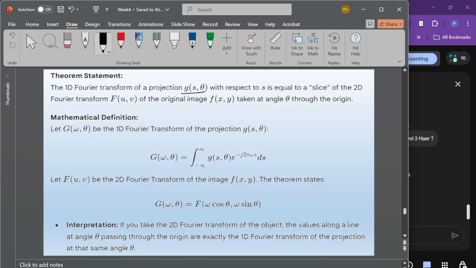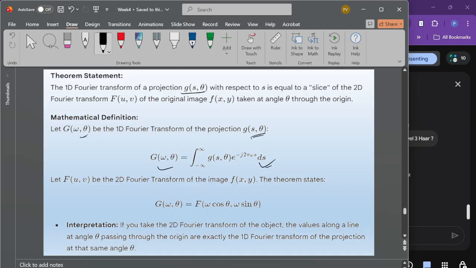Mathematically, it can be represented as g of omega theta via the 1D Fourier transform of the given projection g of s theta, represented by the formula integral from minus infinity to infinity of g of s theta e to the power minus j 2 pi omega s. It is a simple Fourier transform formula.